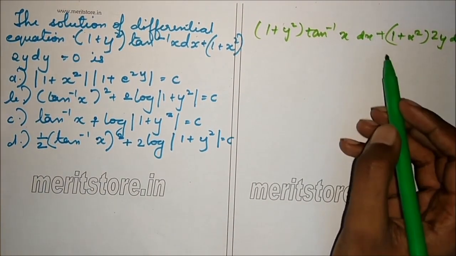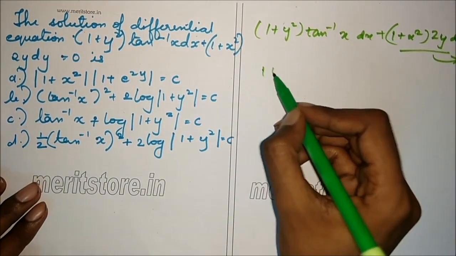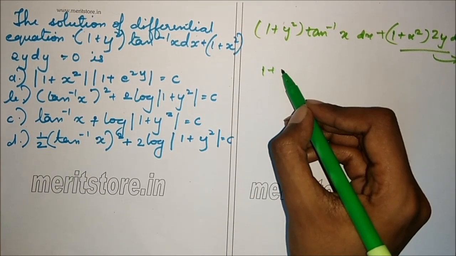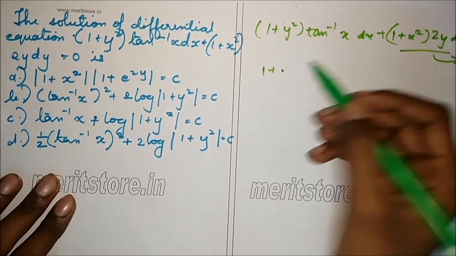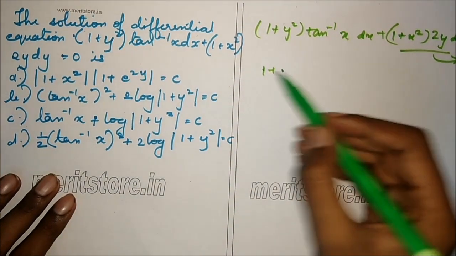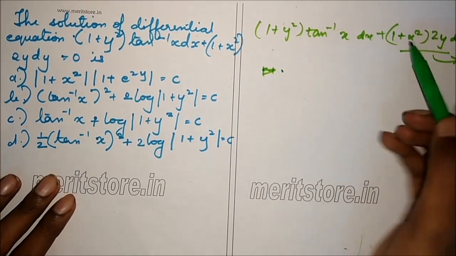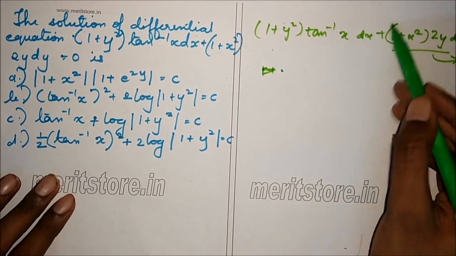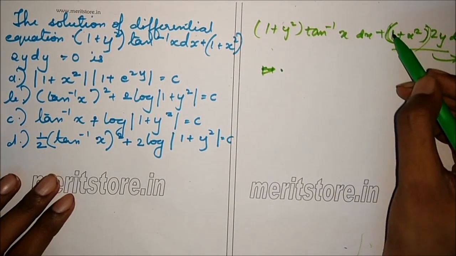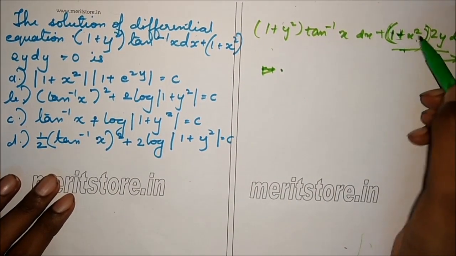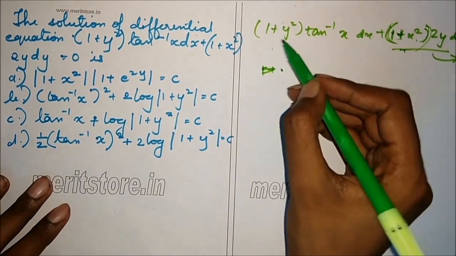So first step is we bring this term to RHS. We can divide throughout by 1 plus x square and 1 by 1 plus y square.